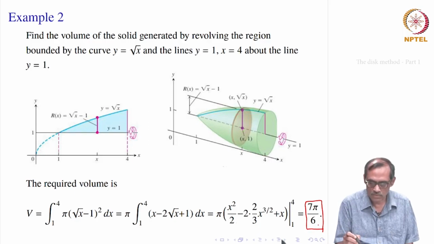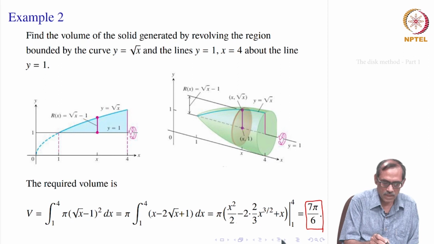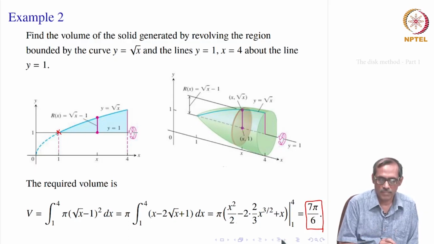Here, as you see, we have to really find the limits for integration, and the limits come from the point obtained as the intersection of the curve and the line y equal to 1. In some problems it might be given from which line to which line, but here it is not given, it is just about the line.